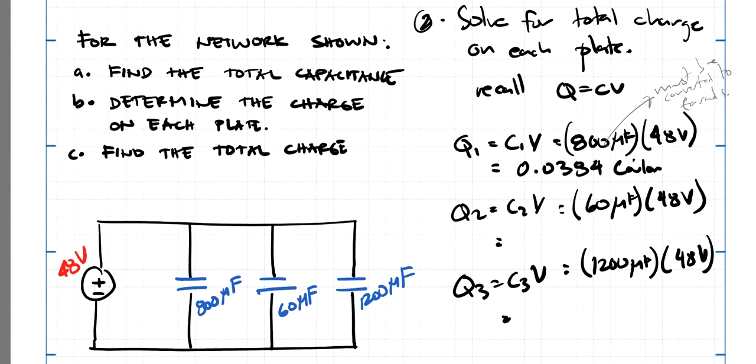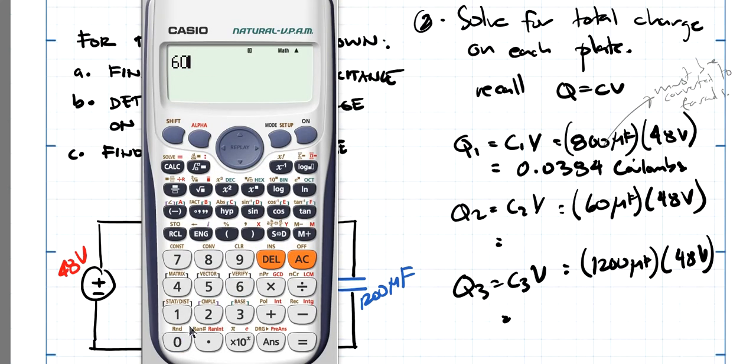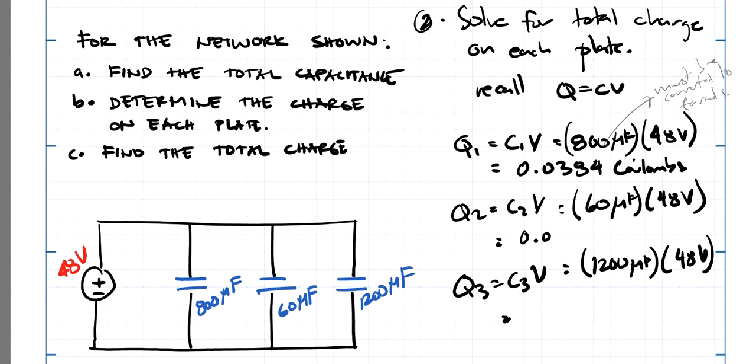Next, Q2 is 60, and let's multiply this already times 10 to the negative 6, and then times 48. This is 0.00288 coulombs.